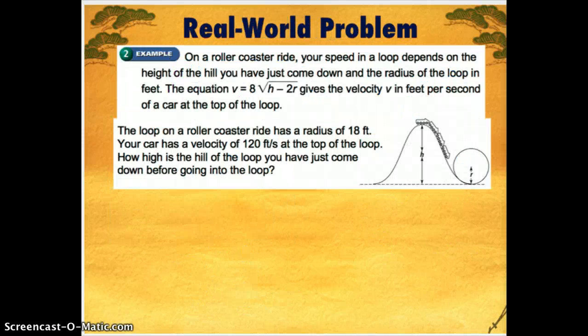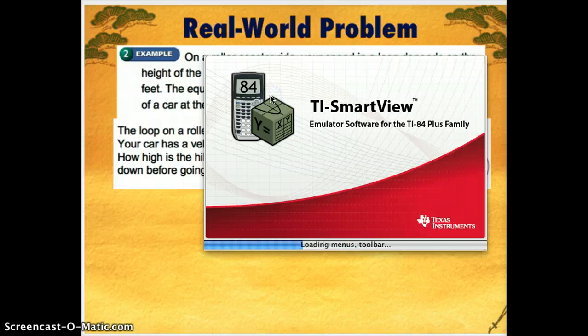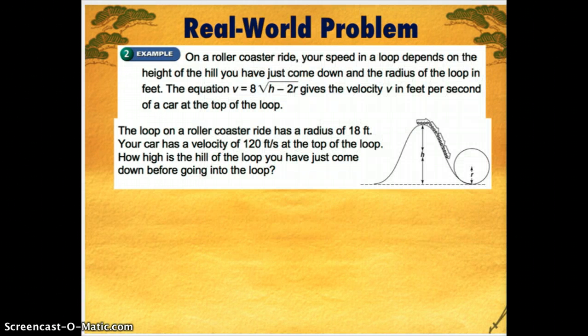Here's a real world problem. On a roller coaster ride, your speed in a loop depends on the height of the hill you have just come down and the radius of the loop in feet. Here's an equation: V equals 8 times the square root of h minus 2r. That gives the velocity v in feet per second of a car at the top of the loop.